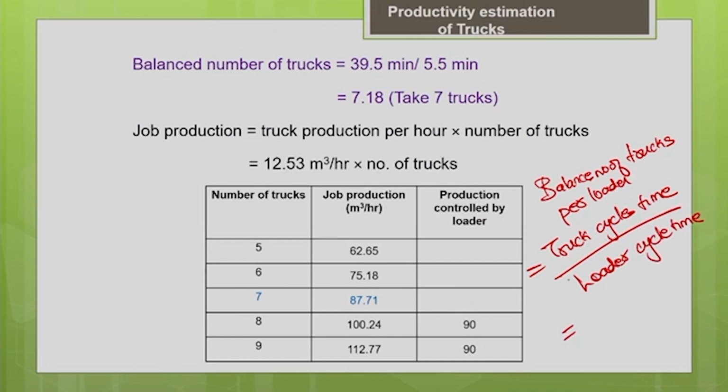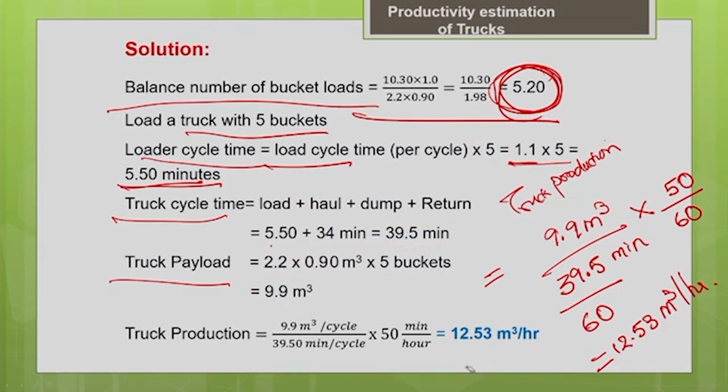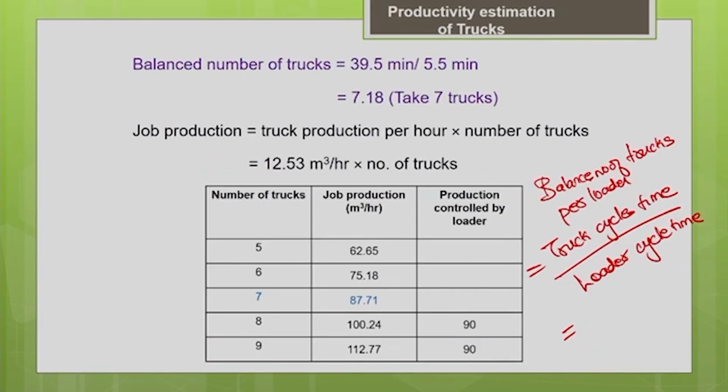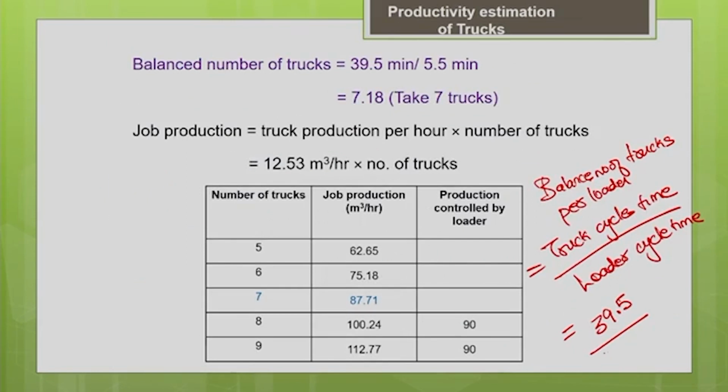You have estimated the truck cycle time earlier as 39.5, and the loader cycle time you have calculated as 5.5.